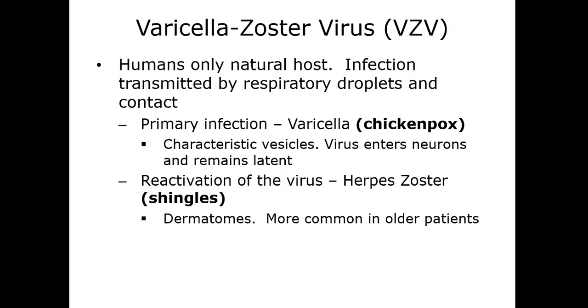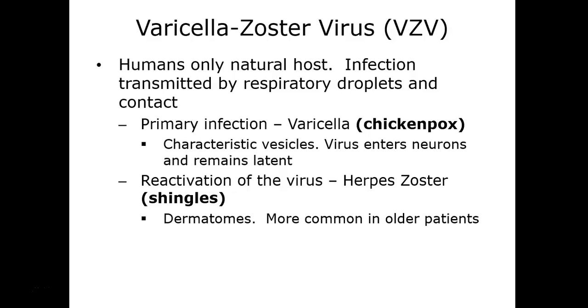The virus can actually enter into the neurons and remain latent, going dormant for a number of years. Due to some type of stress, the virus can reactivate as herpes zoster, or shingles. This is extremely common in older patients, but there are other types of bodily stresses that can induce a relapse or reoccurrence.